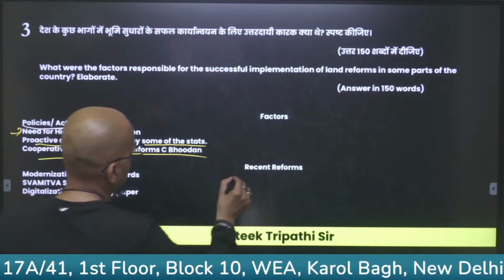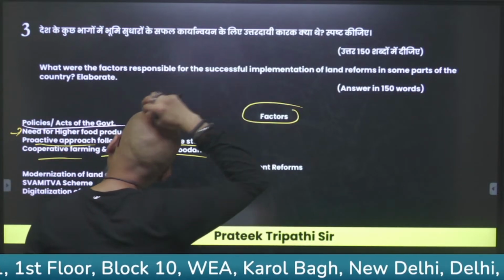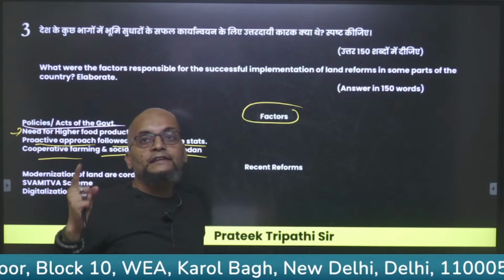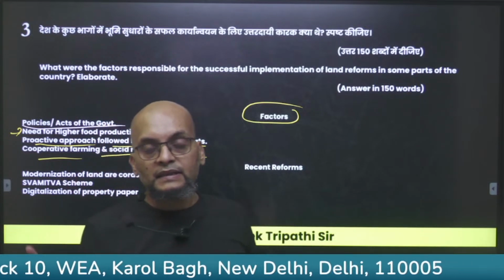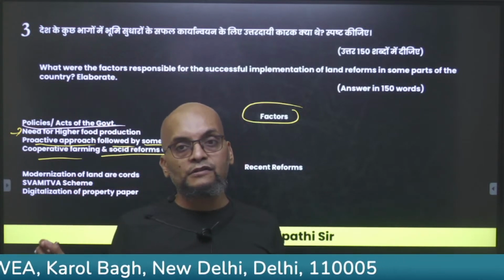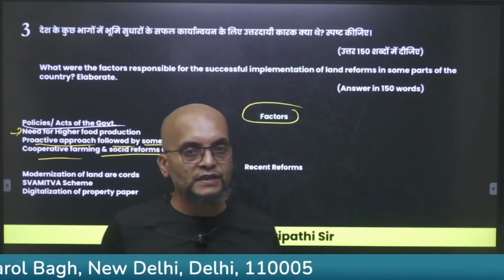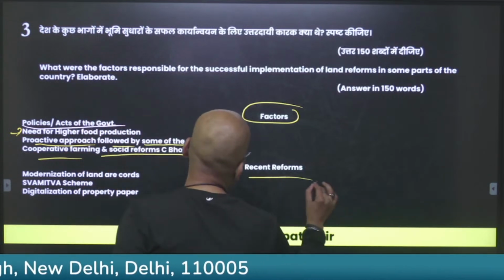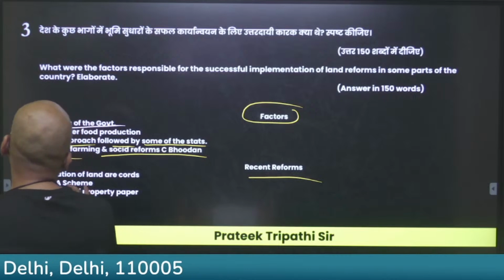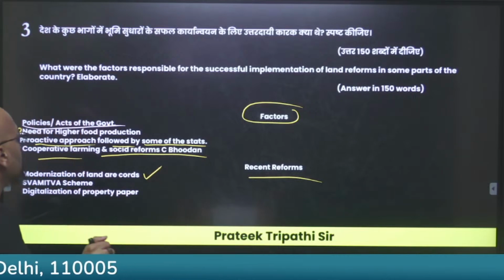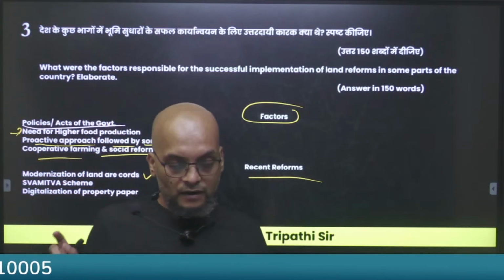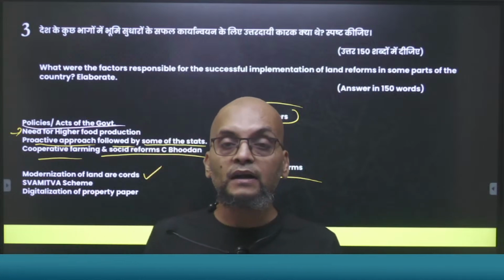Now, these were the factors that led to the land reforms, and in the first 5-year plan, land reforms and agricultural land matters were introduced. Anyway, what recent reforms have been taken? Modernization of land records. See, land records.